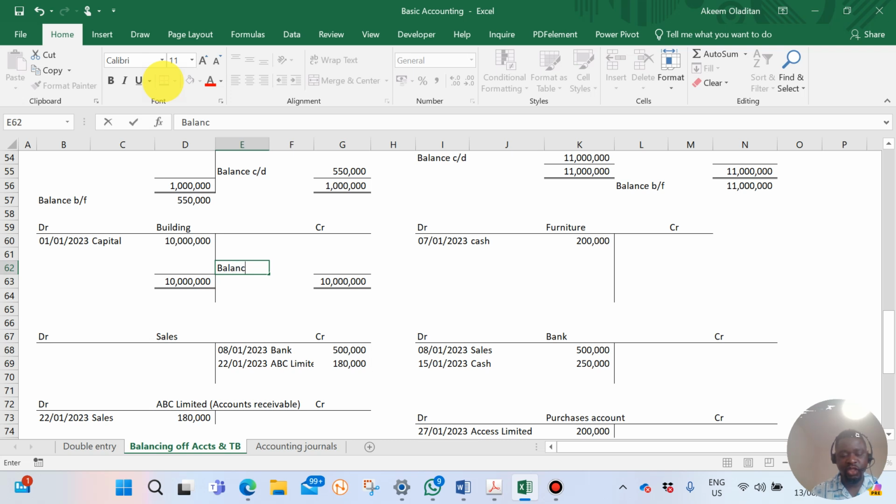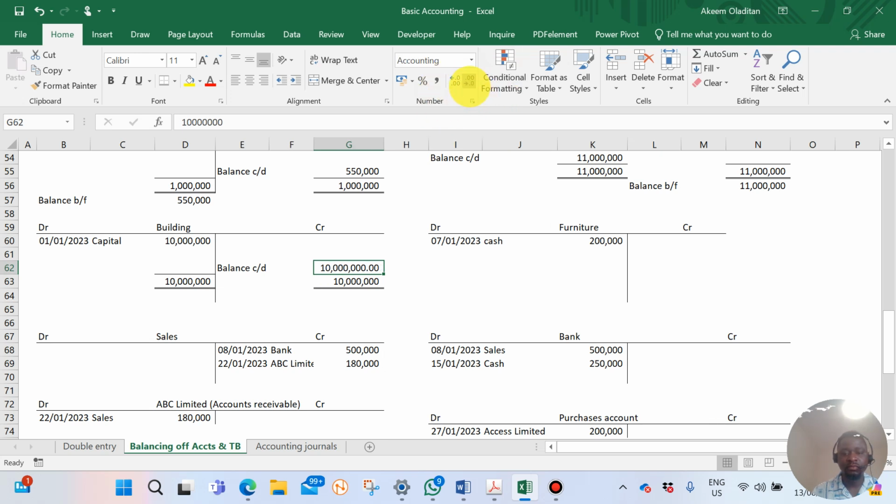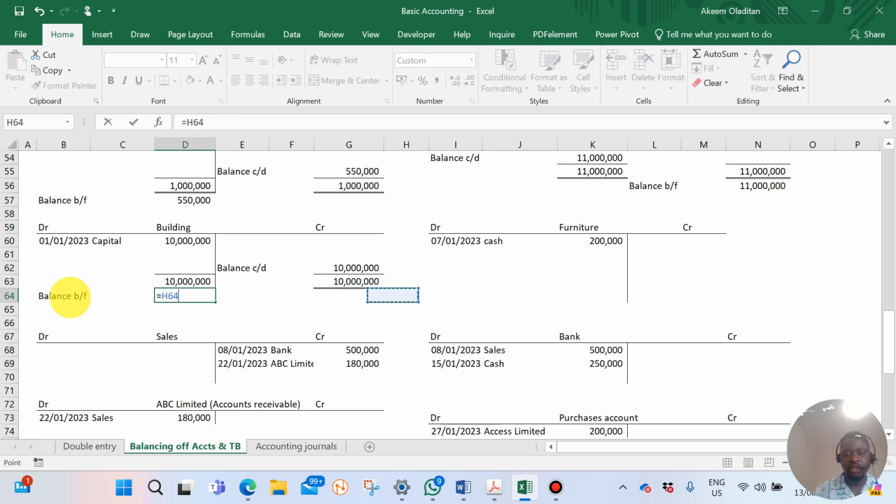Don't forget what we said, because that side is the lower of the sides. Balance carried down will be the same, 10 million. And the balance brought forward, let me copy this and paste here, is the same $10 million.